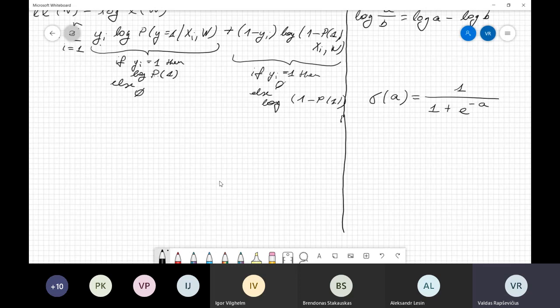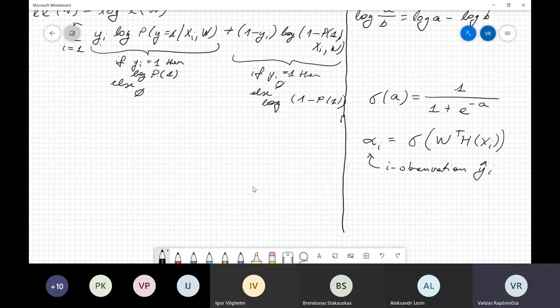And let's make up an alpha i variable. It will be sigma of W transpose xi. So this is basically y hat, the probability for the i-th observation.